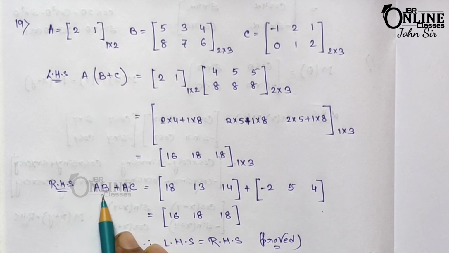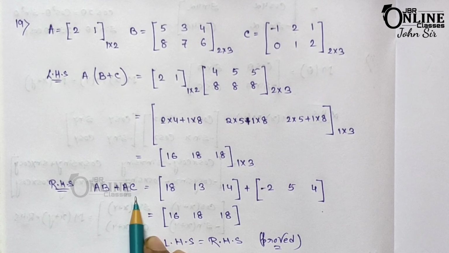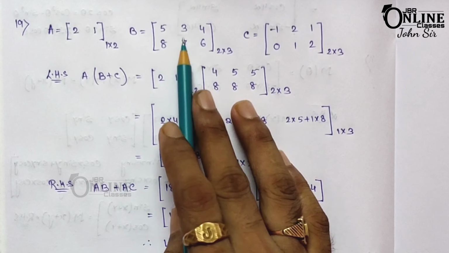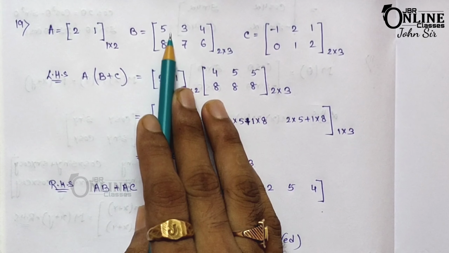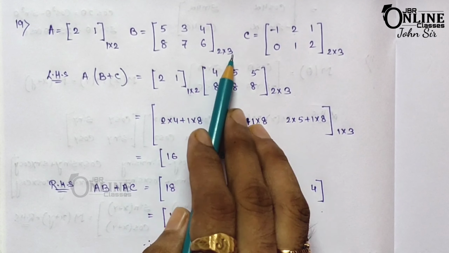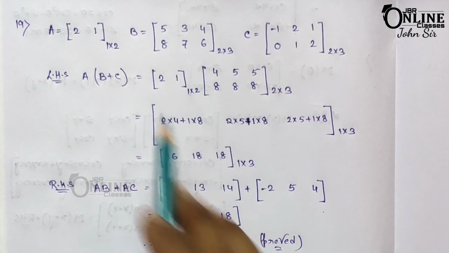Now the right hand side, AB plus AC. So AB means first you have to multiply A and B. So as here 1 cross 2, here 2 cross 3, so it will be 1 cross 3. So multiply 5 into 2 10 and 1 into 8 18, so it will be 18. Then 3 into 2 6, 7 into 1 7, 6 plus 7 13. Then here 4 into 2 8, 6 into 1 6, so it's 14. Now next one AC.